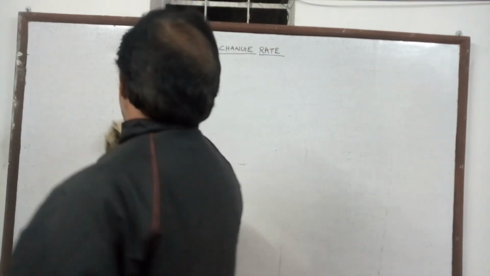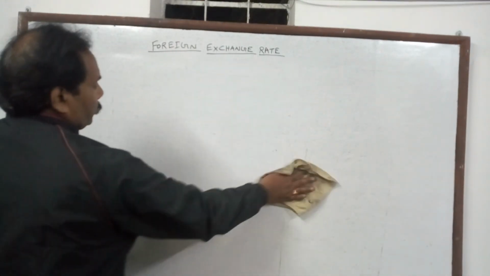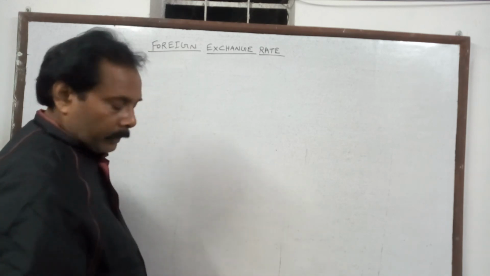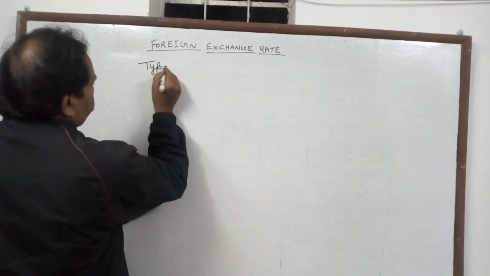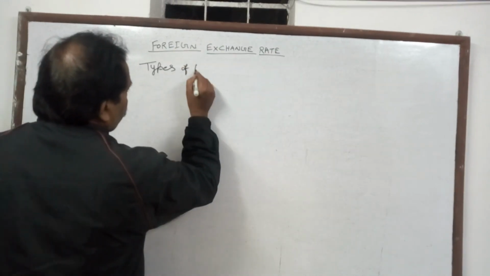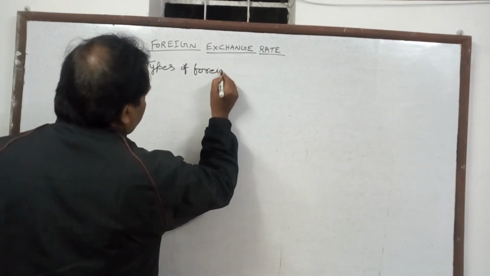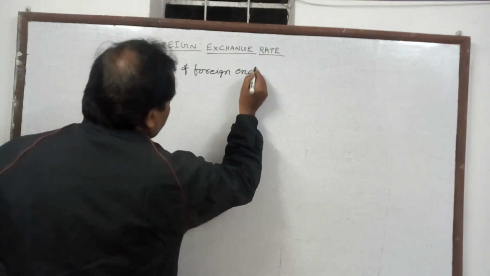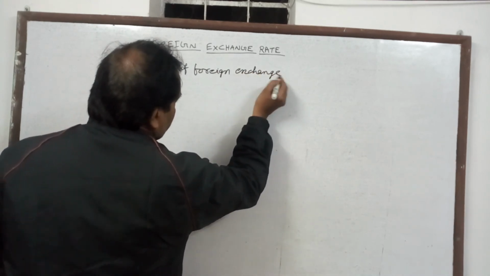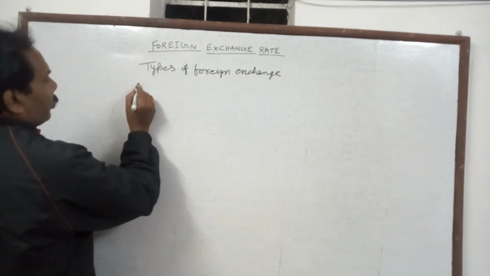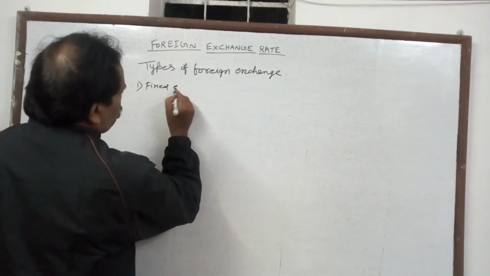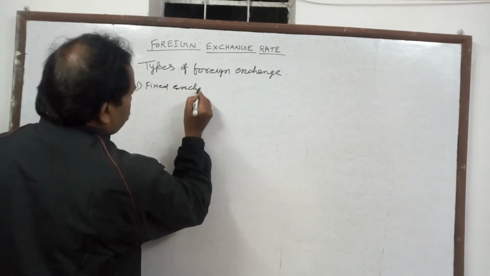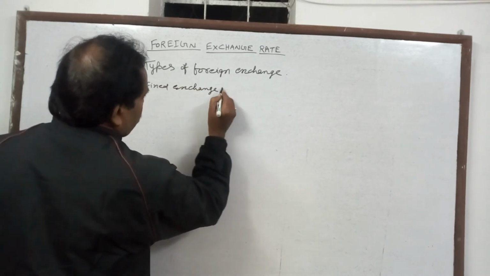So our next topic will be types of foreign exchange. So there are 3 types. First, that is the fixed exchange rate.